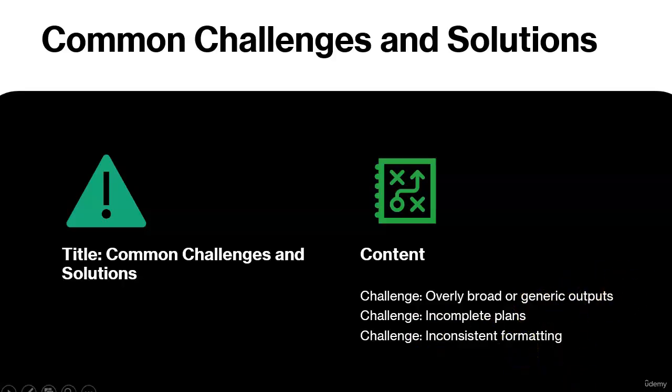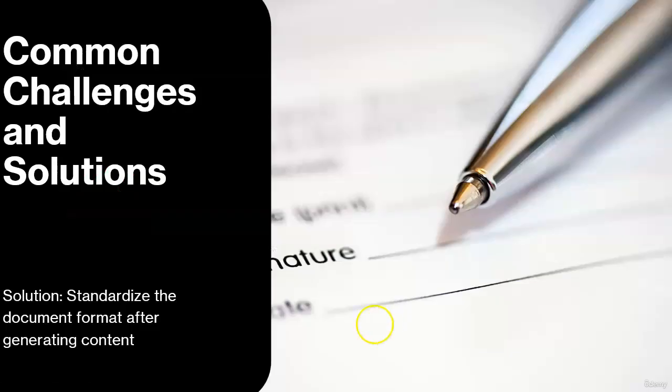The next challenge is if the plan seems incomplete, supplement the AI-generated content with additional manual input and further details. And the next challenge is if the formatting is inconsistent, take the time to standardize the document format after generating the content.